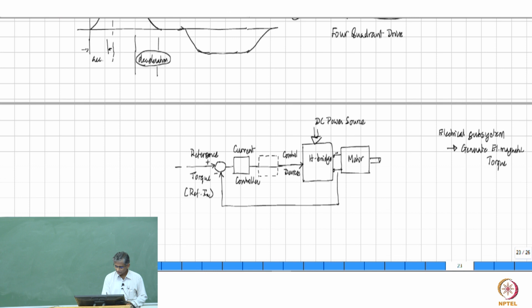But now the question is, how do you know how much reference torque has to be generated? That will usually come from something else. In the operation, you will not be determining the acceleration of the motor as it is. You may be determining the speed. Right?